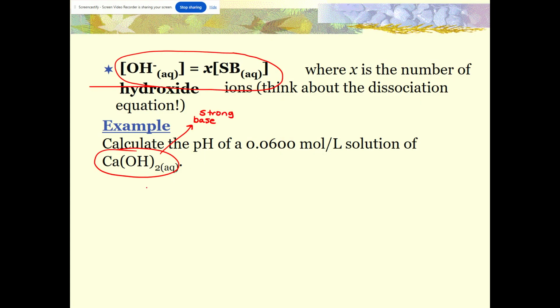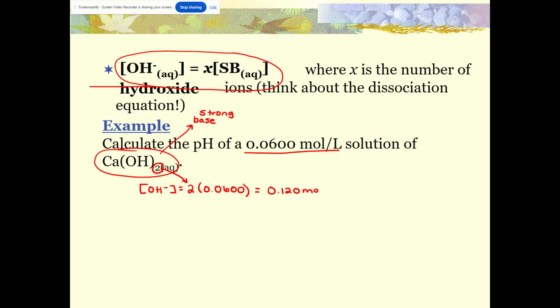Okay, so to find the hydroxide ions, because again I have a base, I'm going to take the number 2 and multiply by the concentration of the base in the question, 0.0600. The 2 again is the number of hydroxide ions in the compound. That's what the subscript there is telling you. There's 2 hydroxides.